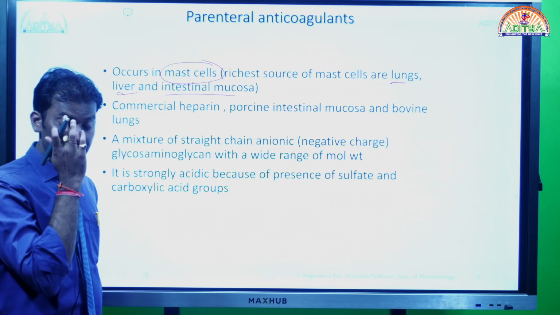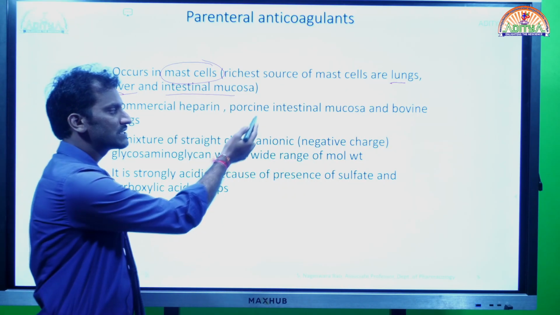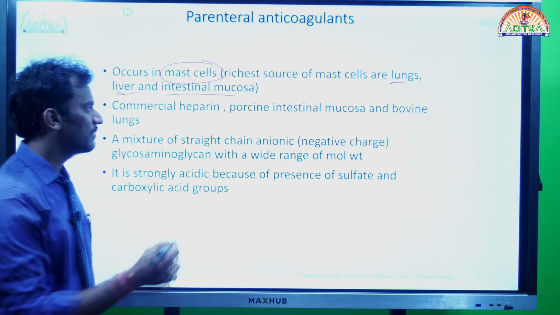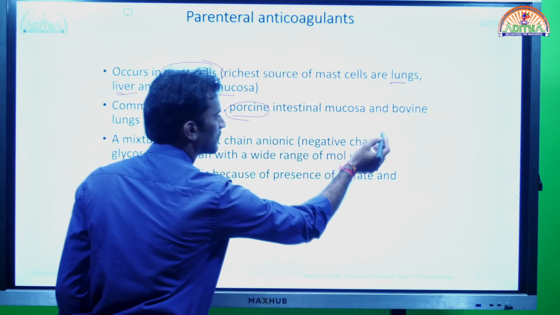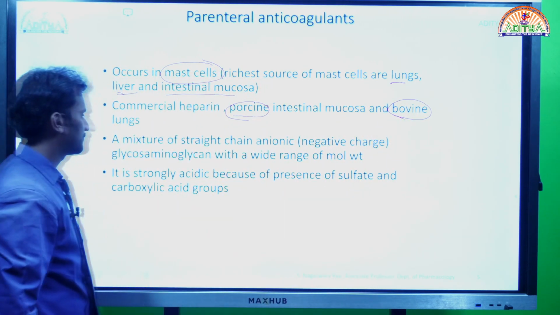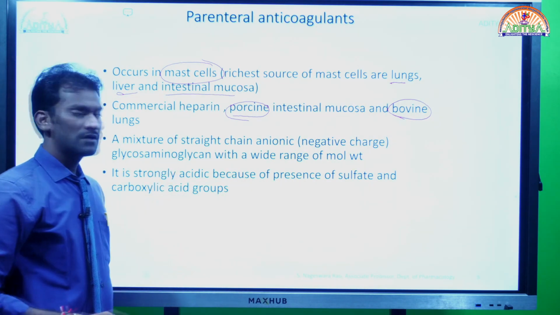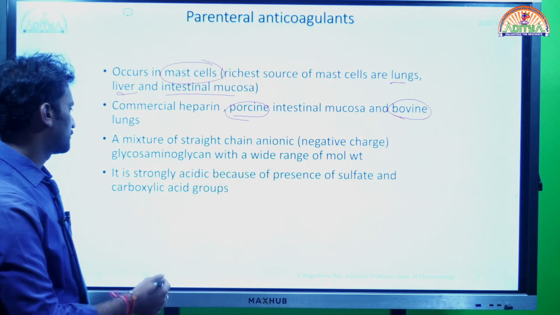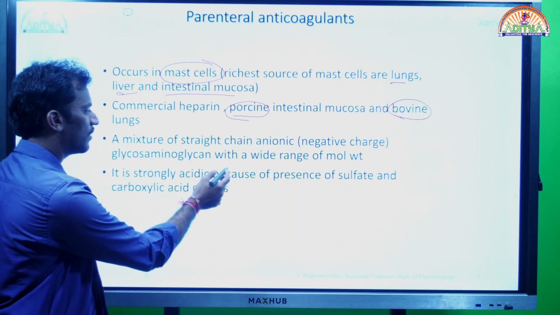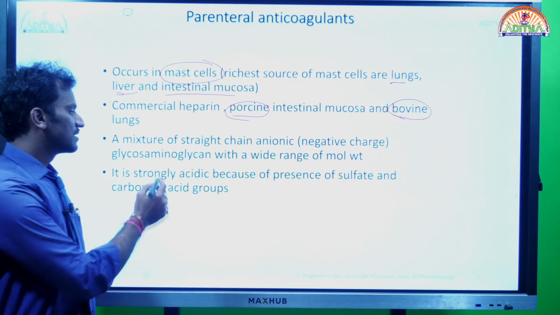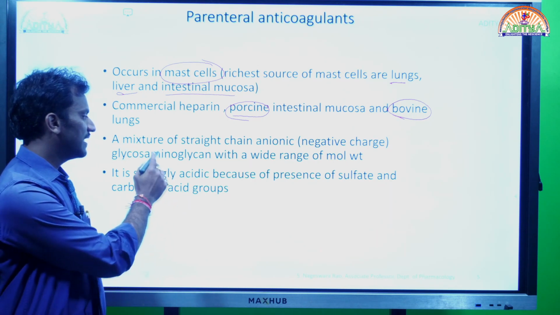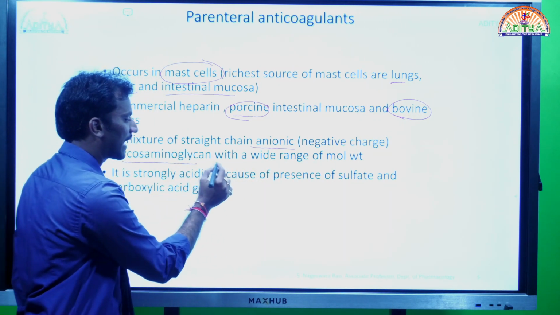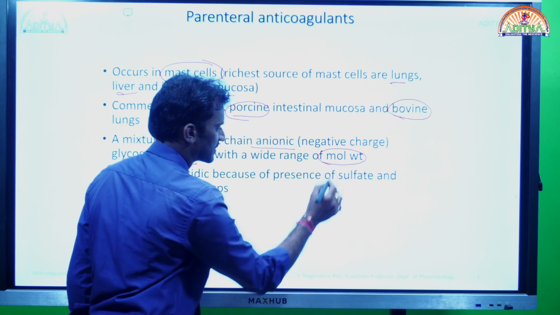Commercial heparin can be obtained from porcine intestinal mucosa and bovine lungs. Commercially, heparin can be obtained from porcine and bovine types. Chemically, heparin is a mixture of straight chain anionic glycosaminoglycans with a wide range of molecular weight.